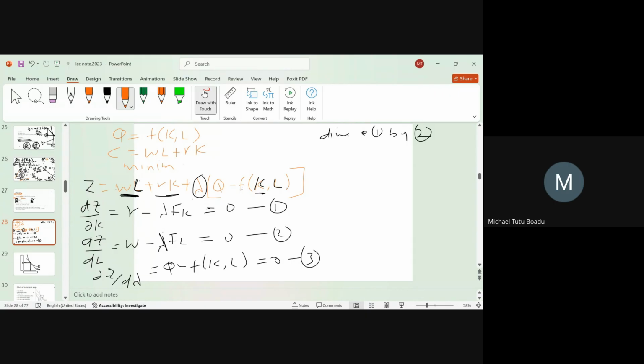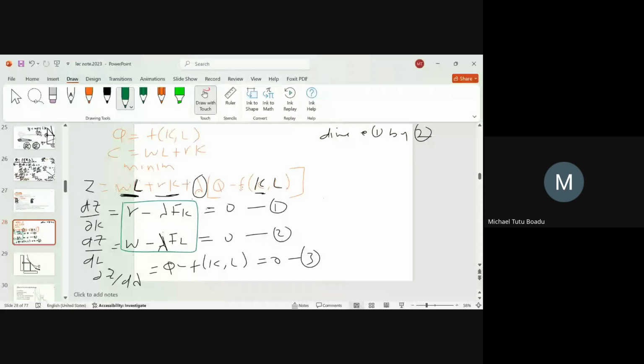Dividing equation 1 by equation 2 means that I'll divide this R divided by W, then lambda FK divided by lambda FL. You can also say divide equation 2 by equation 1. Whichever way you want to, your answer will not change. It's a matter of determining which one you are substituting for the other.